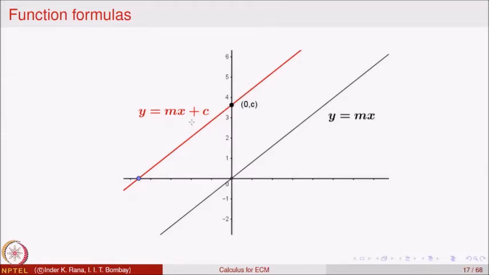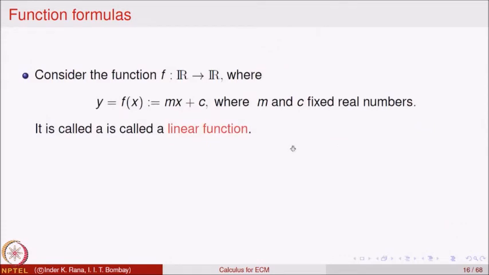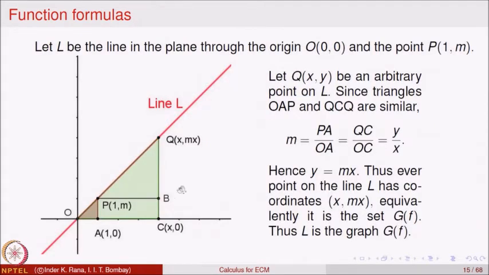Why is this m called the slope? If you recall the previous picture, we looked at the point P. For this line, which is y equal to mx, if this height is equal to m and this distance is equal to 1, then this is the line. As you can see, if m increases, this line will tilt more towards the y axis.